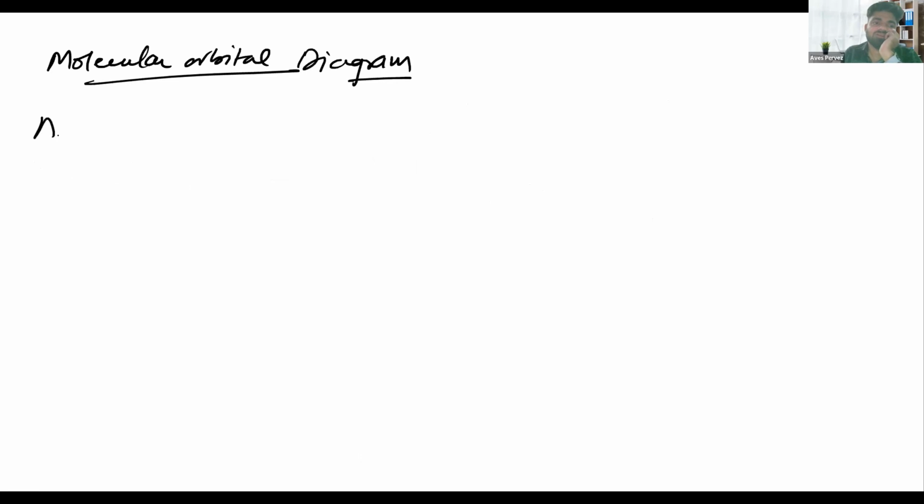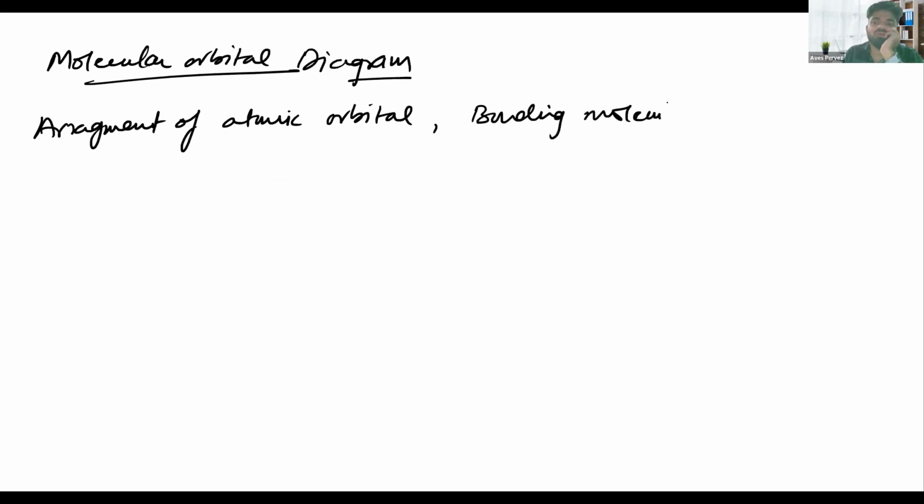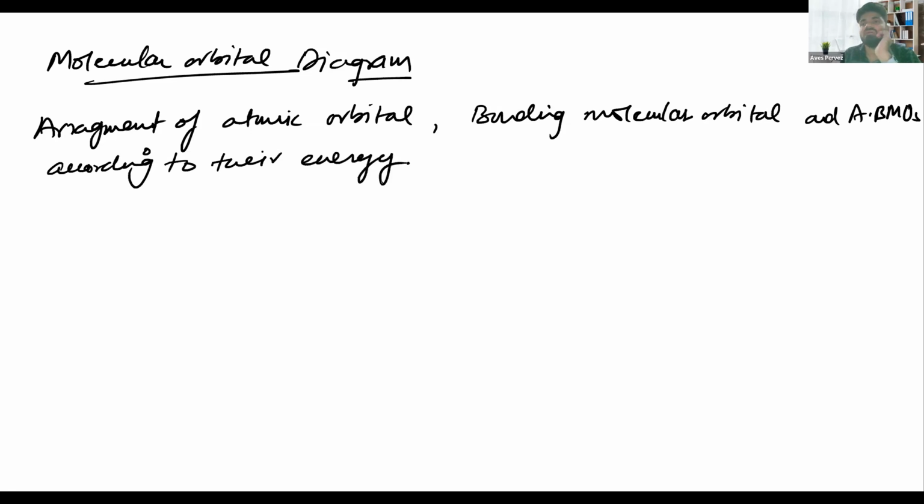The arrangement of atomic orbitals, bonding molecular orbitals, and anti-bonding molecular orbitals according to their energies, note it down, is called a molecular orbital diagram.